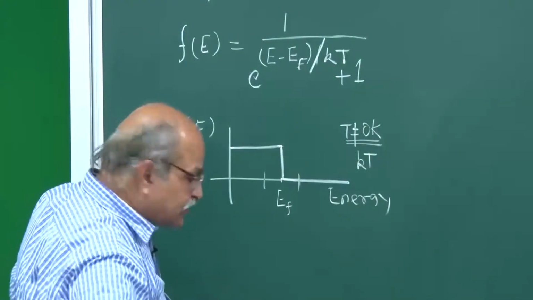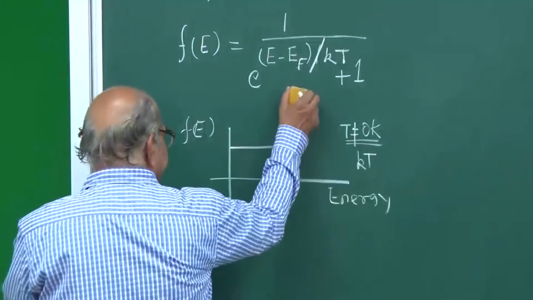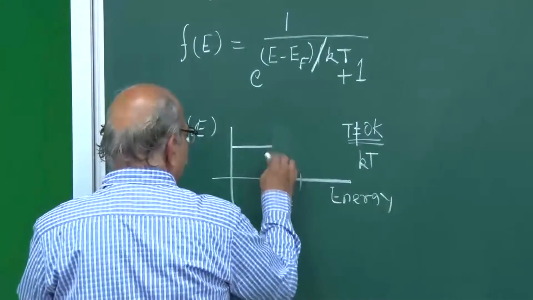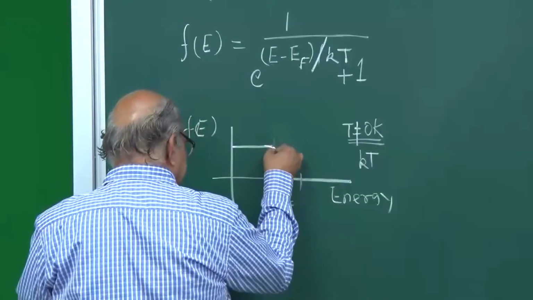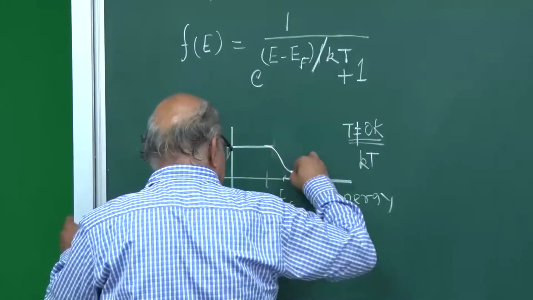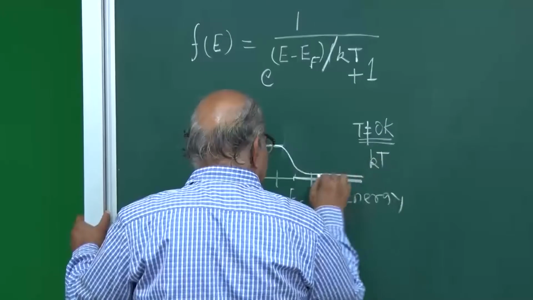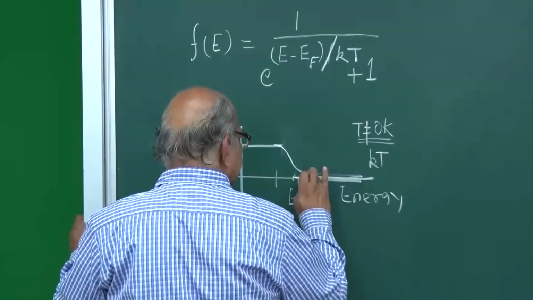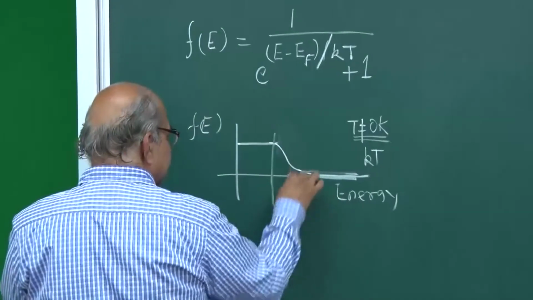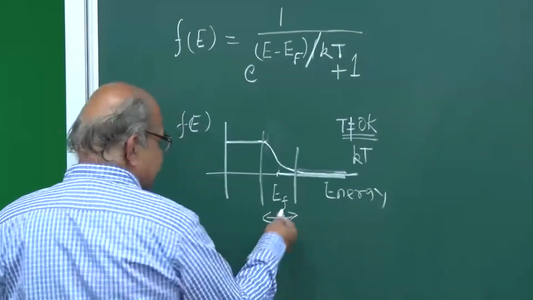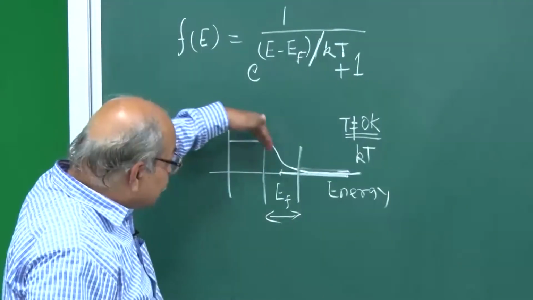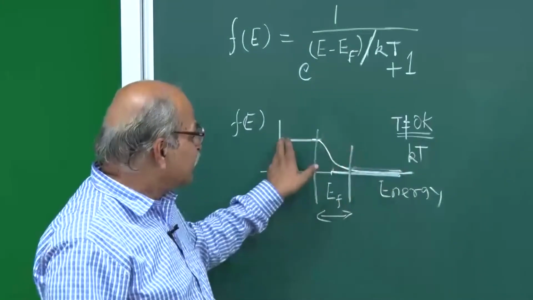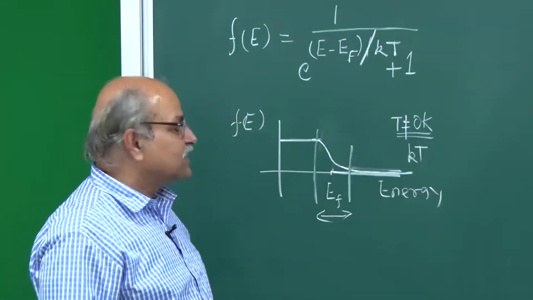If I redraw this, it looks something of this sort. So only in a small region, which may be 2-3 kTs, you can see there is a change. There is almost 1 here, there is almost 0 here, and in this part there is some change.